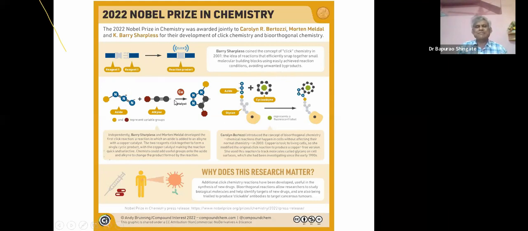Without use of any metals, meaning copper catalyst, Professor Bertozzi performed this particular reaction in a biological system, leading towards the 1,4-disubstituted 1,2,3 triazoles.